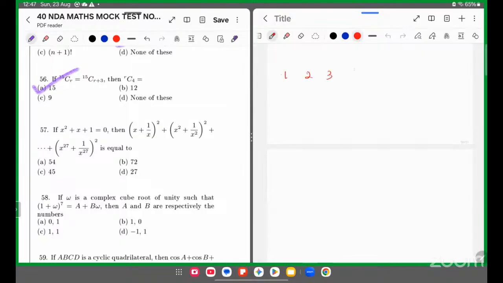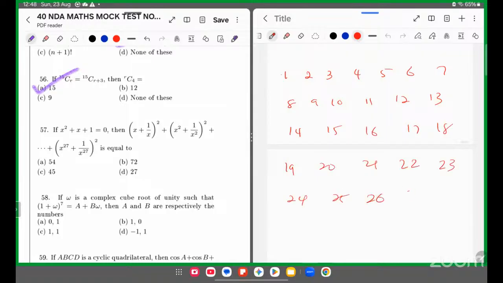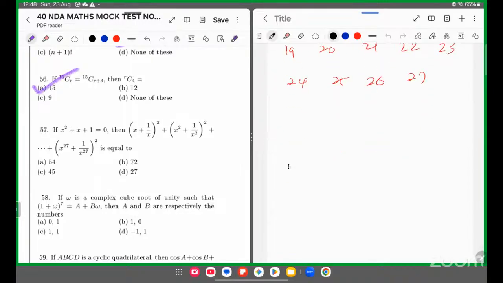1, 2, 3, up to 27. Here in the first term it will be 1 only. Here also 1 only. But when you take x cube plus 1 by x cube the whole square, I have to write omega cube plus 1 by omega cube the whole square.